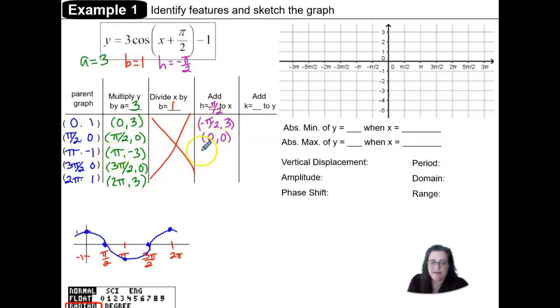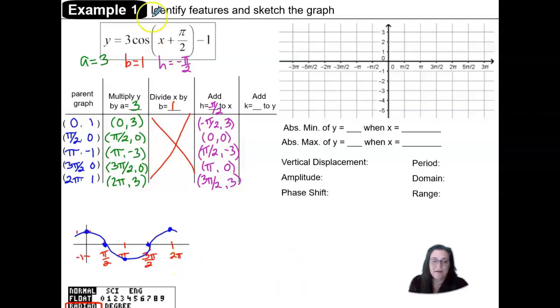Pi plus negative pi over 2 is pi over 2, and our y stays the same. 3 pi over 2 plus negative pi over 2 is pi, and the y stays the same. And then 2 pi minus pi over 2 is 3 pi over 2, and the y stays the same.